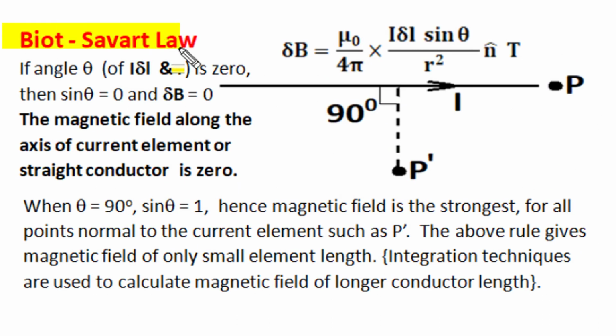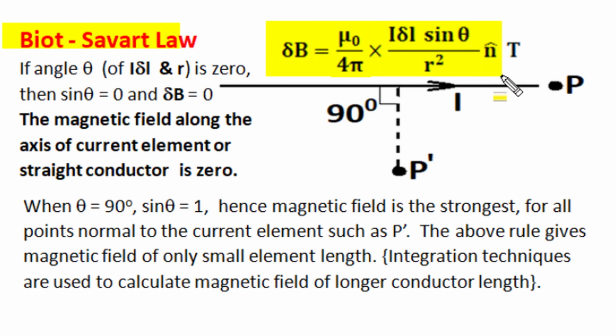The vector notation of Biot-Savart law is written as: the elemental magnetic contribution by a current element of length delta L is given as mu 0 upon 4 pi multiplied by I delta L sin theta upon r square, and the direction is normal to the plane of the current element and position vector, as denoted by n cap direction.